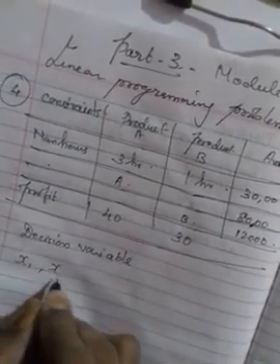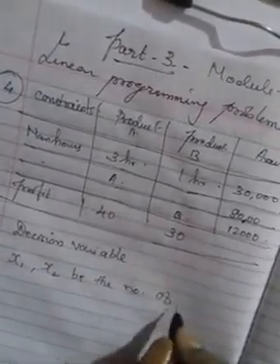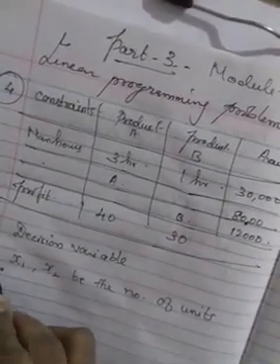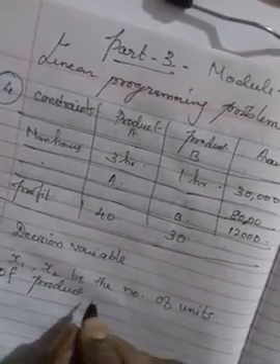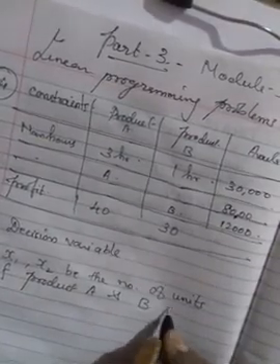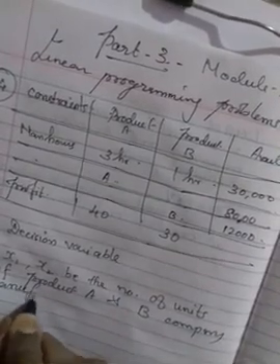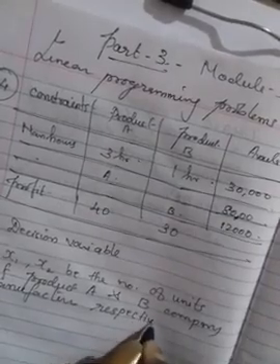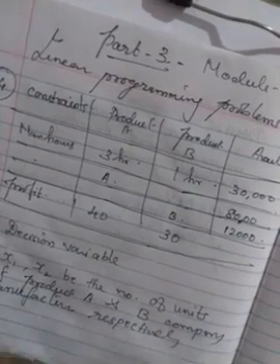So x1 and x2 be the number of units of products A and B the company manufactures respectively.